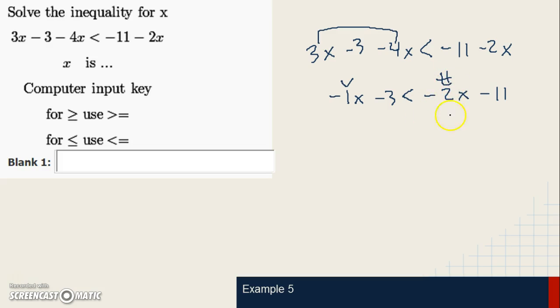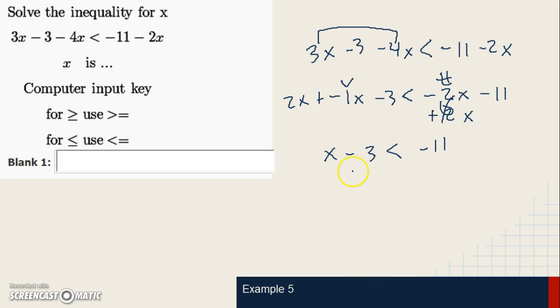I'm going to start by eliminating this negative 2x since it's on my number side. So I'm just going to add 2x. I'm going to add 2x. If I simplify my like terms on this side, I'm left with just 1x minus 3 is less than, these are 0, negative 11. Now I need to eliminate this minus 3 or this negative 3.